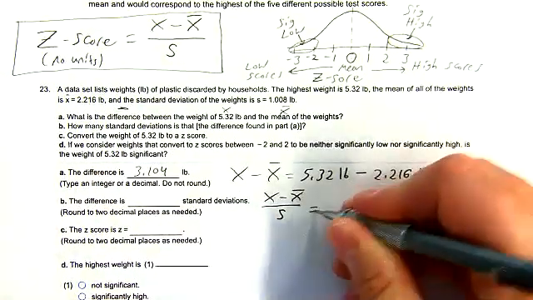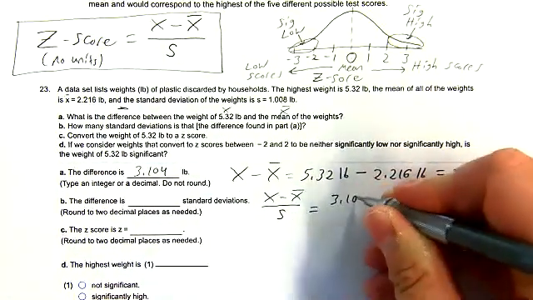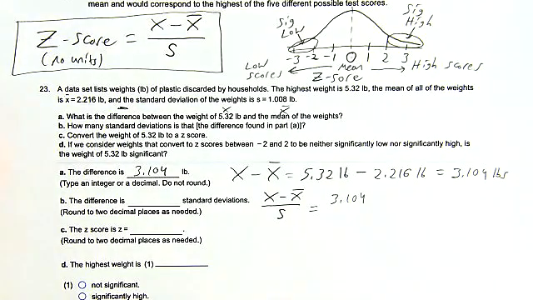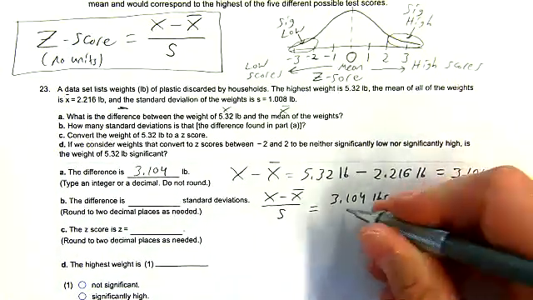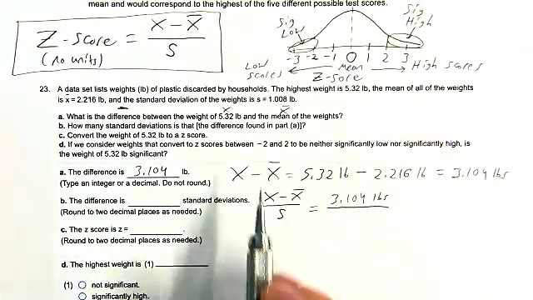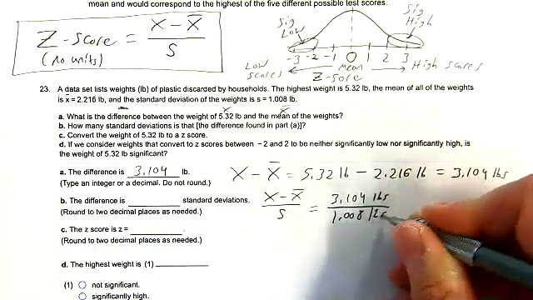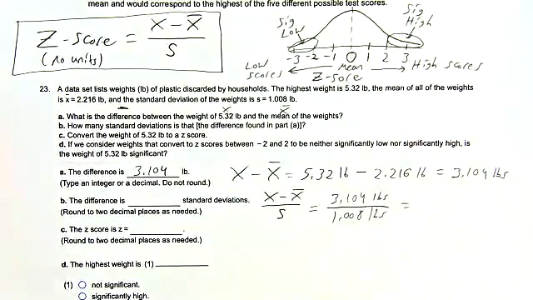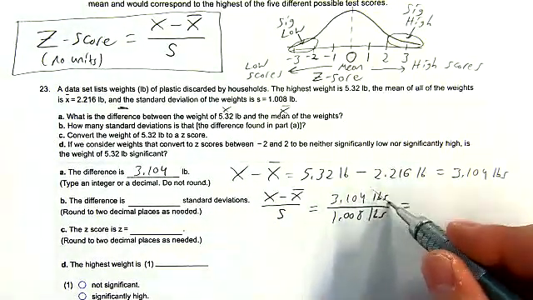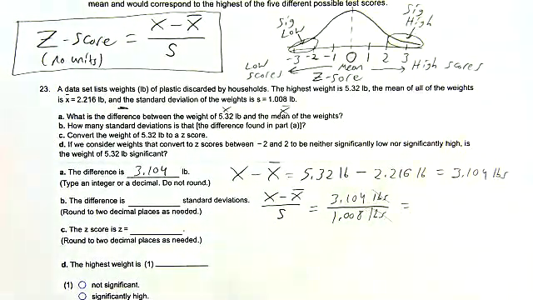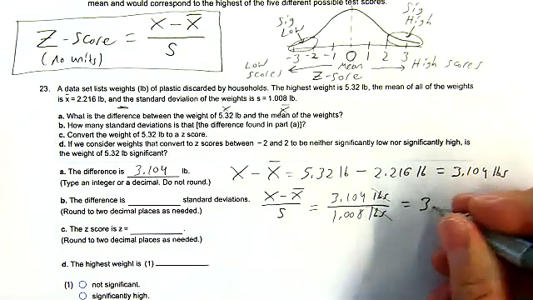So we just need the 3.104 answer we just had, pounds, divided by s, which they gave us to be 1.008 pounds. And this again is where the units cancel. So pounds divided by pounds goes away. Dividing these two numbers on your calculator would give you 3.08.